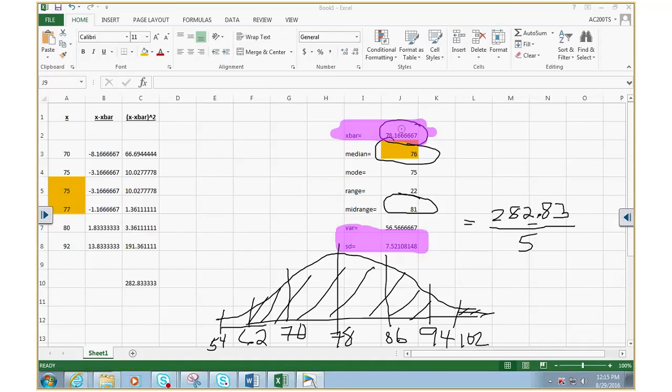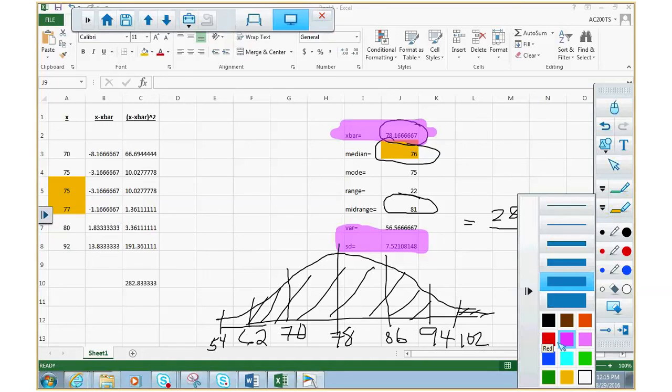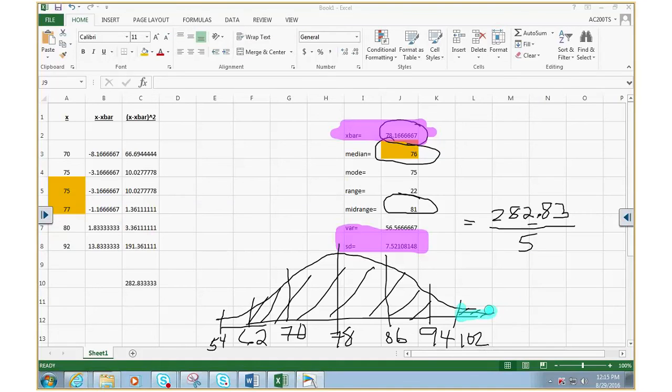So I'm going to take my handy dandy red highlighter. No, let's go with this color. It's more transparent. That's an outlier, and outliers fall outside of how many standard deviations? So what falls in between the second and the third?